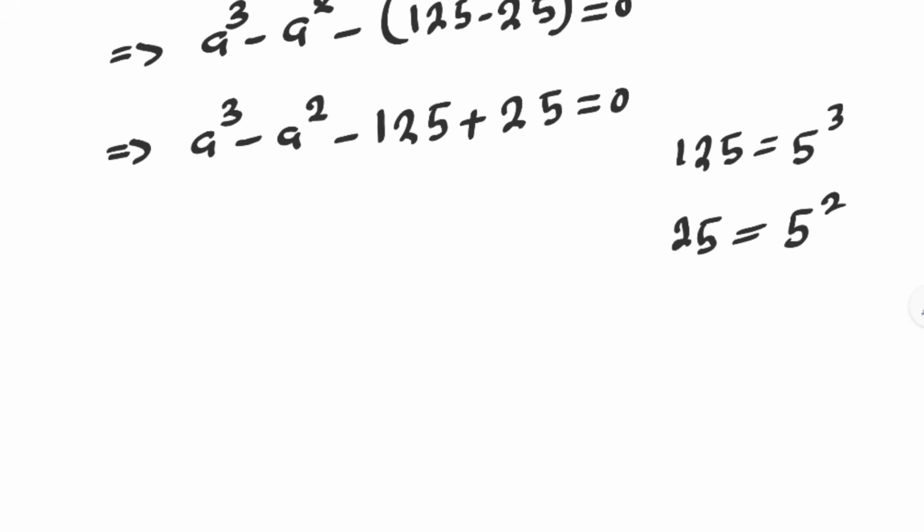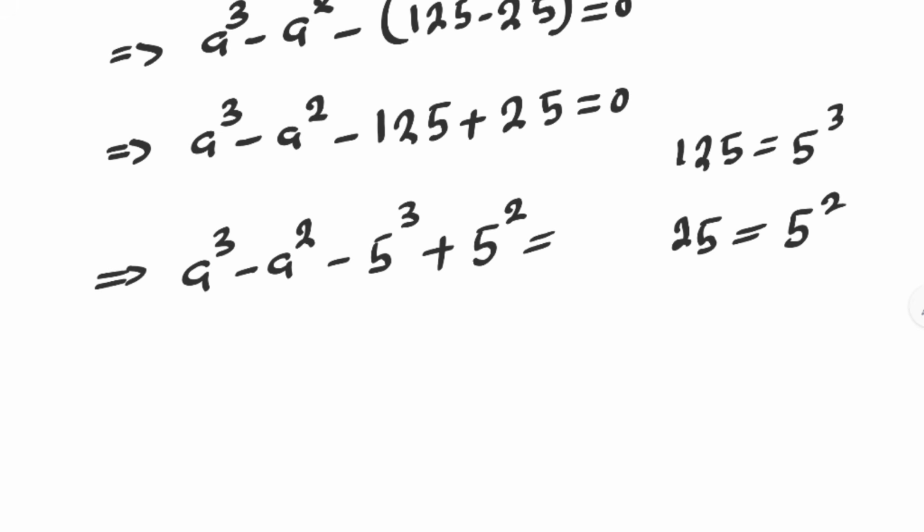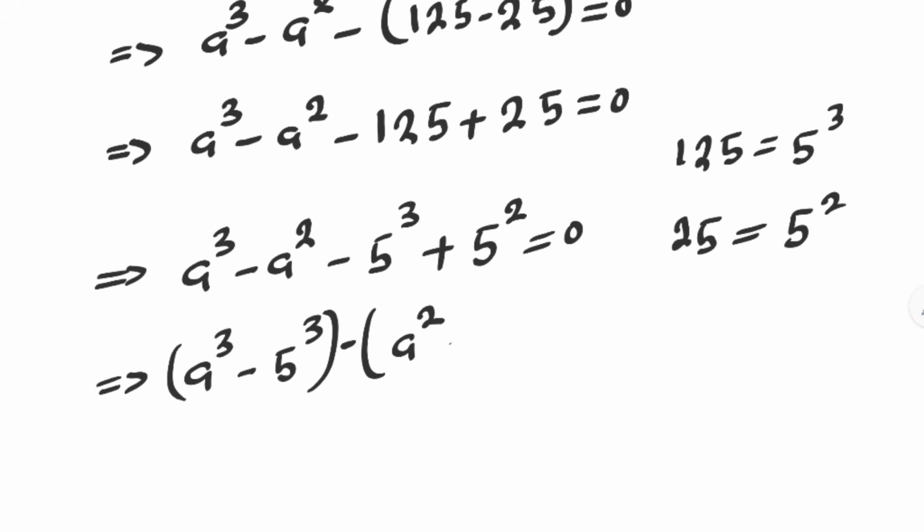Now from here, we have a raised to power 3 minus a squared minus 125, which is 5 raised to power 3, plus 25, which is 5 squared, is equal to 0. a raised to power 3 minus 5 raised to power 3, bracket, minus, here, a squared minus 5 squared is equal to 0.